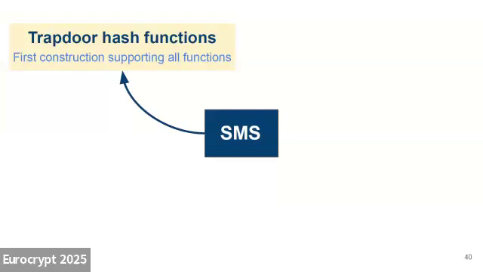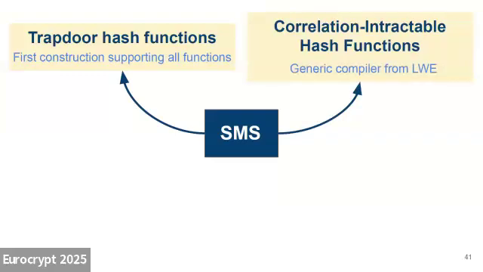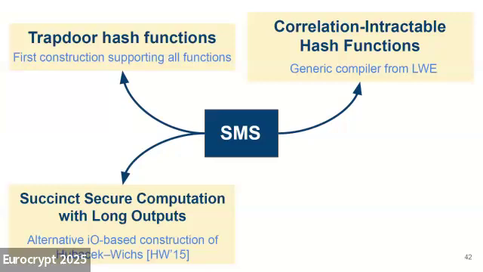So this significantly increases the predicate descriptions possible for trapdoor hashing. We also show that SMS can be used to build a generic compiler for obtaining correlation intractable hash functions from LWE. We show that SMS from I/O can be used to construct succinct secure computation with very long outputs, which is an alternative to the protocol of Hubacek and Wix.